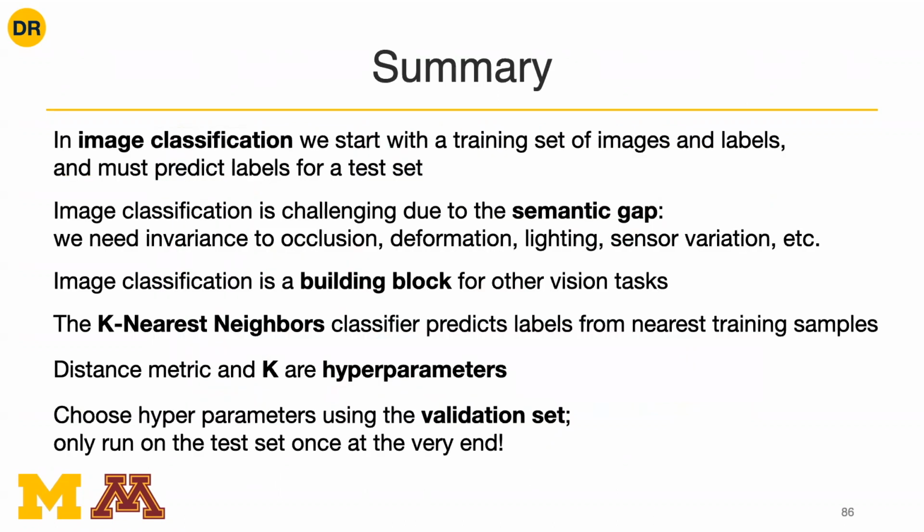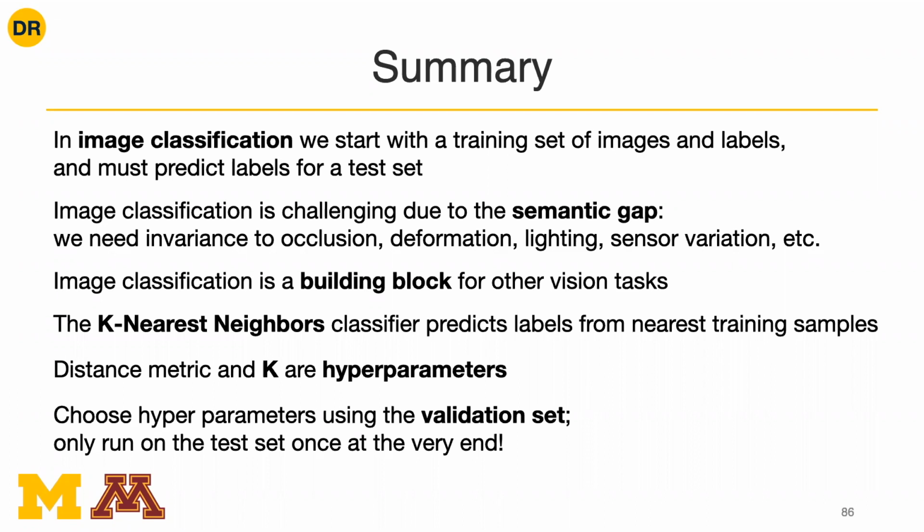So that brings us to the end of the lecture. In summary, we talked about image classification with training set images and labels, and how it predicts on a test set. At various points, we talked about the semantic gap of using just numbers from these images, as opposed to what we see as humans.